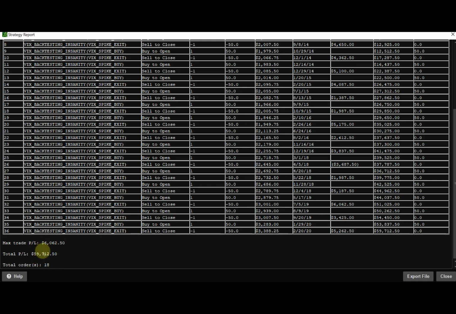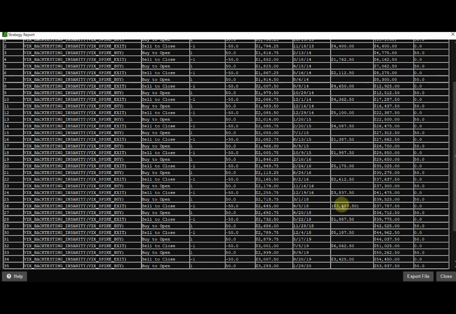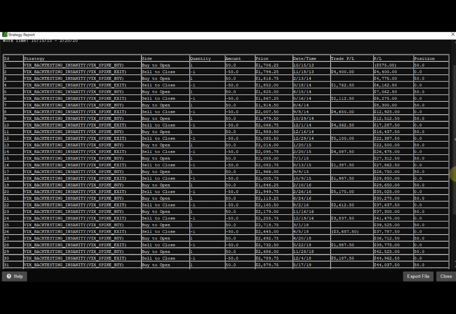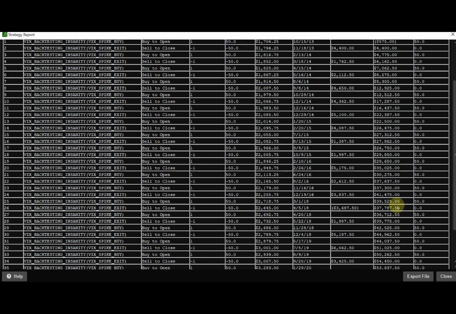Max trade, total P&L, $59,000. But if we look at each different trade, all winners except one loser. We had one loser, but the rest were all winners. And again, when I say winners, that means within 21 days, we made 100 points or we got out. That's how reliable this strategy is.